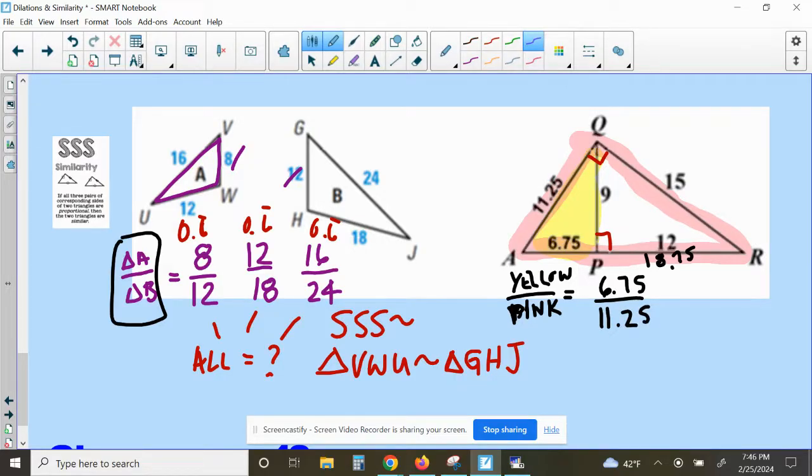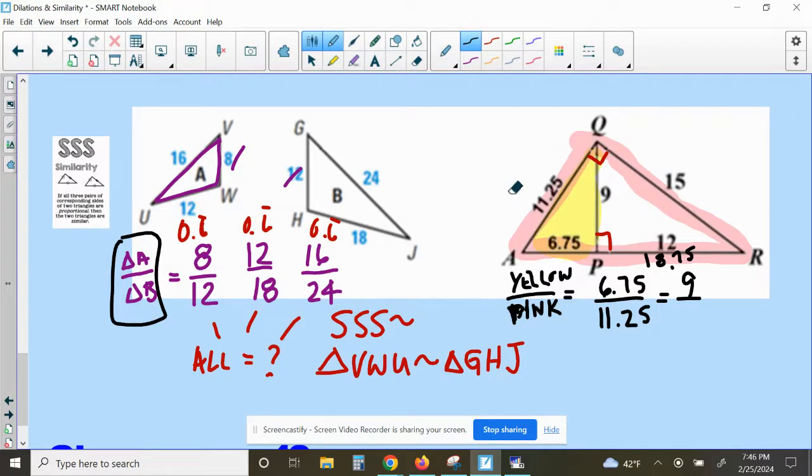Okay, let's do the next side, the medium side. The medium side of the yellow, because yellow's on top. I already did the 6.75. What's the next one? 9 would be the medium side, right? Now I have to look at the pink triangle. What's the medium side on the pink triangle? Well, I did the bottom. That was the longest side. I've got this 15 or this 11.25.